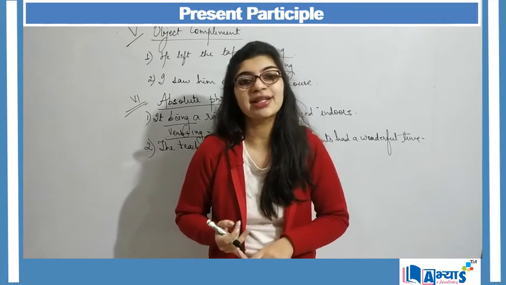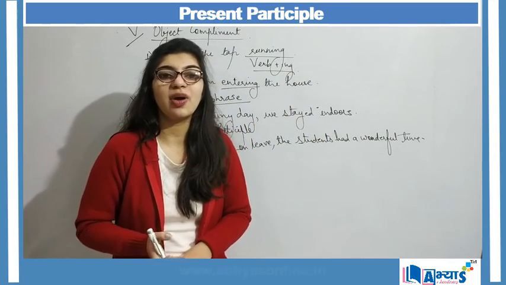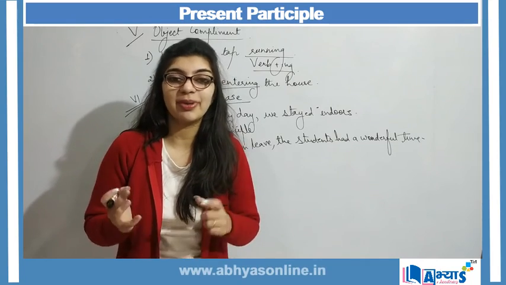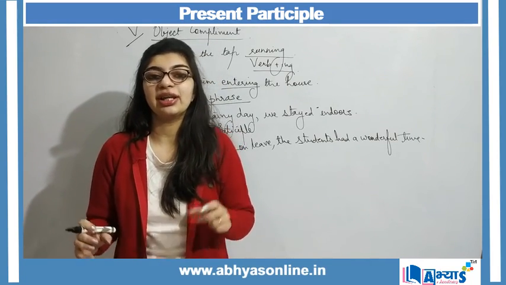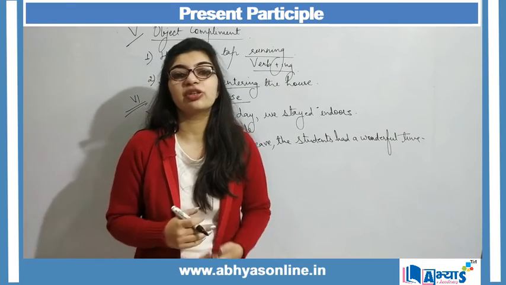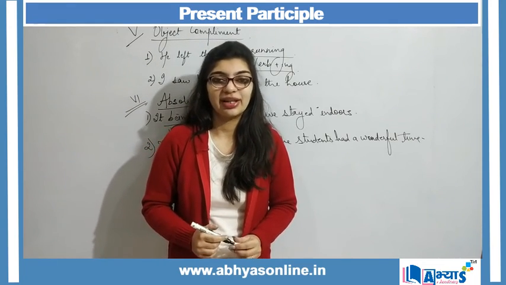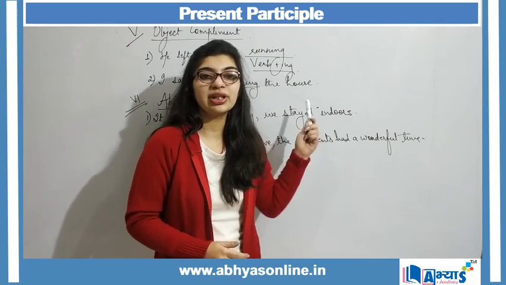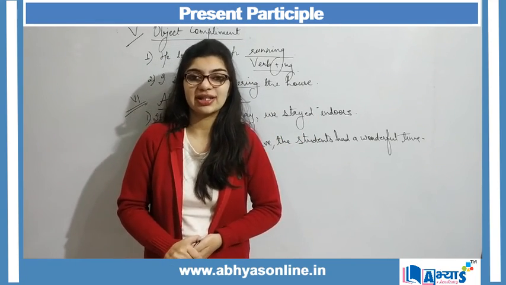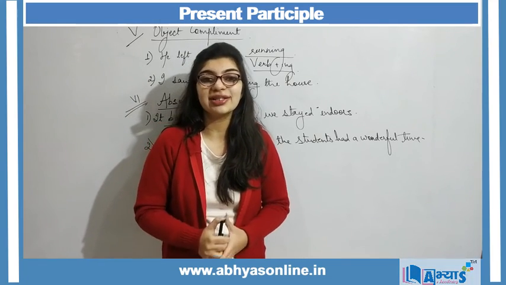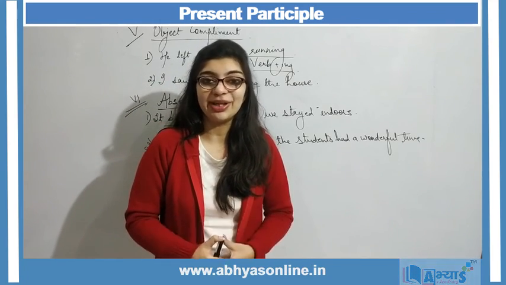They can act as adjectives. They can also act as continuous tense depending upon the formation of the sentence or the place in which they are used in the sentences. Then we also discussed different examples of present participle tense through our sentences in order to understand the concept deeply and clearly.